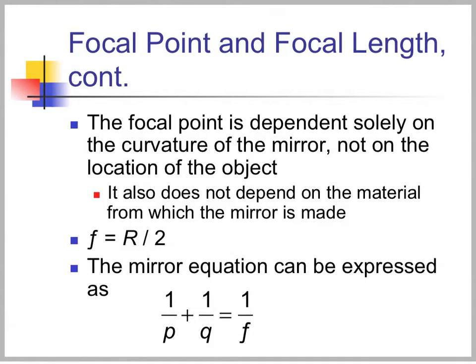The focal point is dependent solely on the curvature of the mirror, not on the location of the object. It also does not depend on the material from which the mirror is made. The focal length, f, is r over 2. So then the mirror equation can be expressed as 1 over p plus 1 over q is equal to 1 over the focal length.